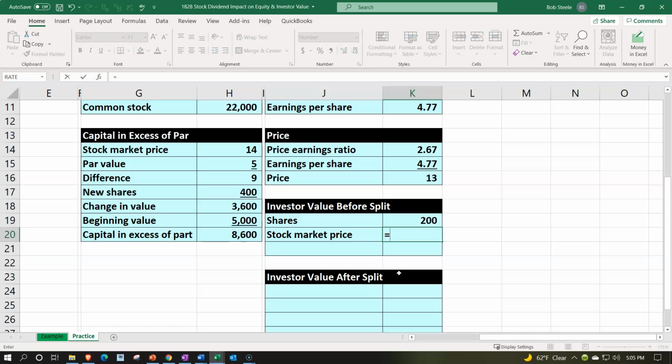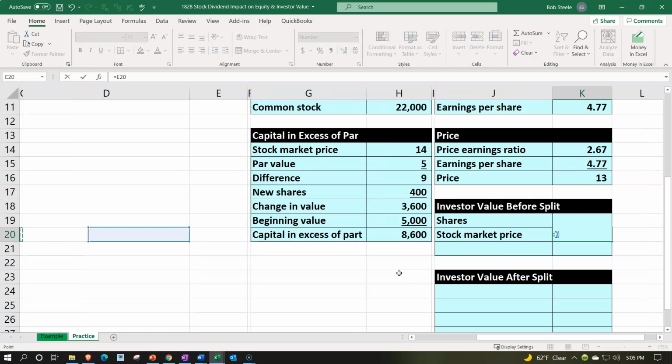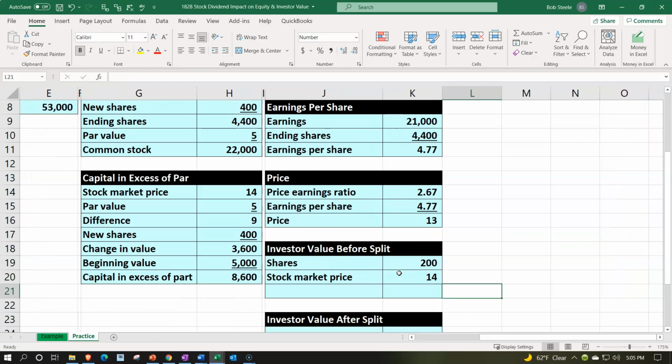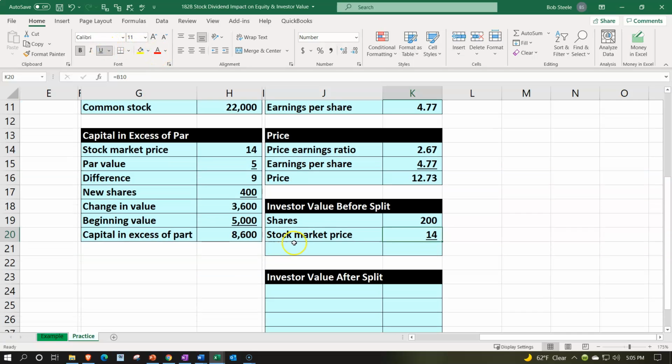So we started off at the 14 for the stock market price, which we are going to pick up here. Let's add a couple decimals to this 13 up top. 14, let's underline that, font group and underline. That's going to give us the total, which equals the 200 times the 14, or the 2,800.